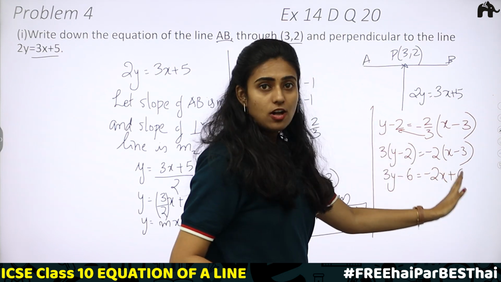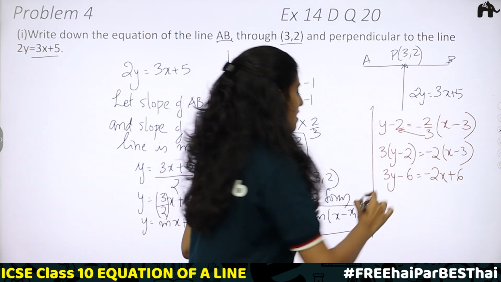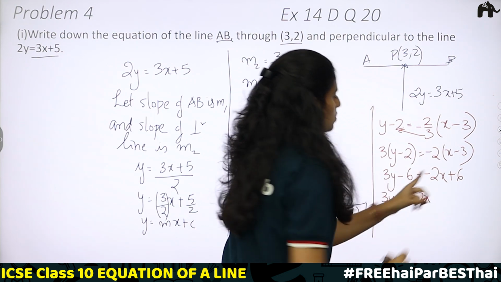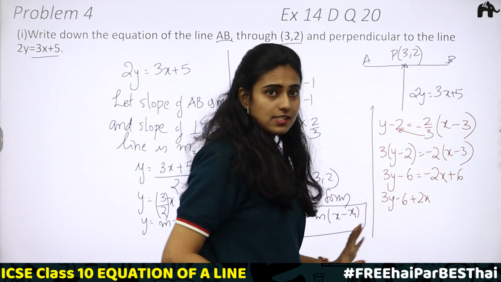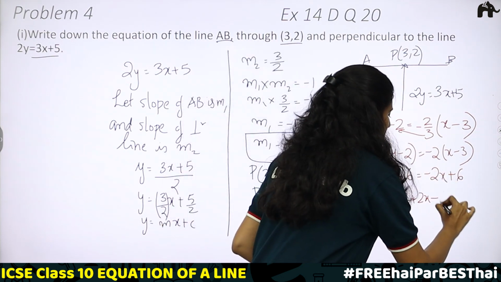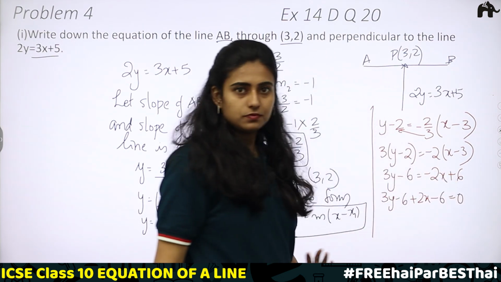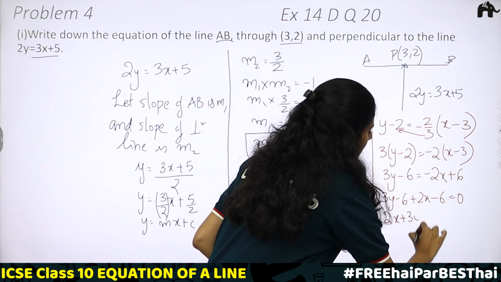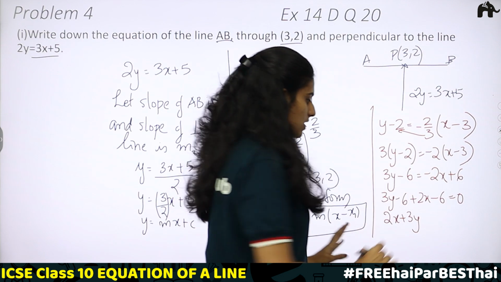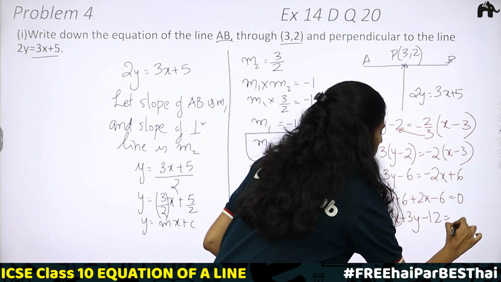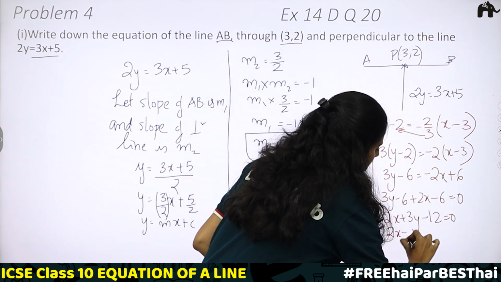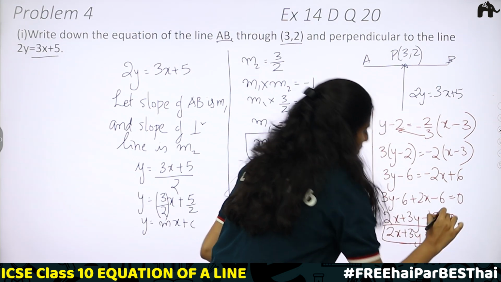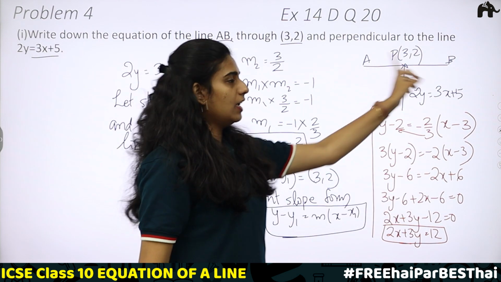Okay, taking all the terms to the left hand side, we get 3y minus 6 plus 2x minus 6 is equal to 0. Minus 2x becomes plus 2x when taken to the left hand side, and plus 6 becomes minus 6. That is 2x plus 3y minus 12 is equal to 0, or 2x plus 3y = 12. This is the required equation of line AB.